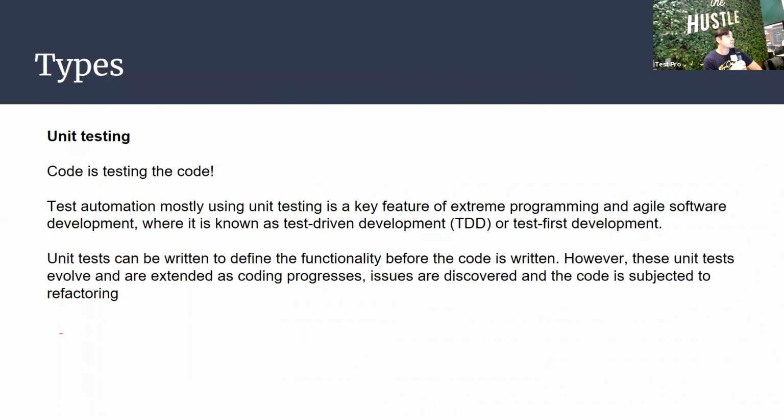And it's quite popular, especially when it comes to concepts of extreme programming, for example, and test-driven development, where they actually write tests first and then write the actual application code. So the focus is on tests, and then by building the application, they make these tests pass.